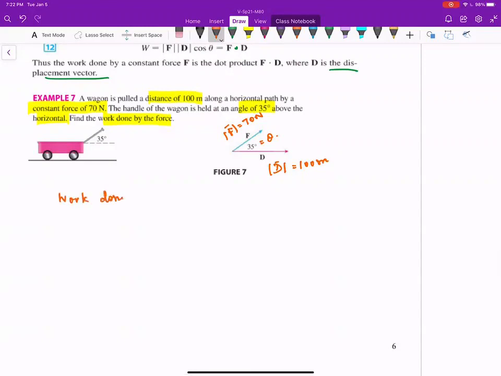work done by the force is W, which is equal to F vector dot D vector, which is length of F times length of D times cosine of the angle between them.